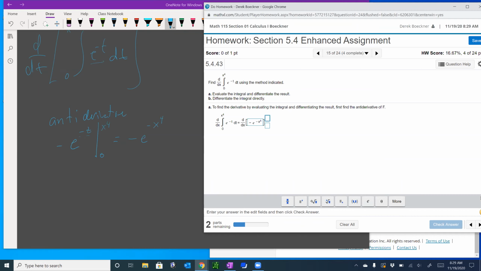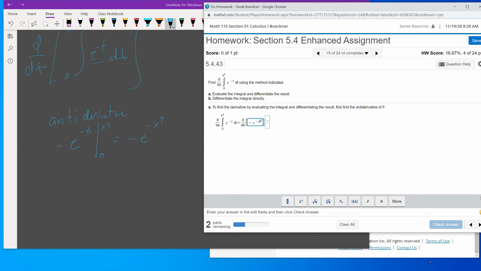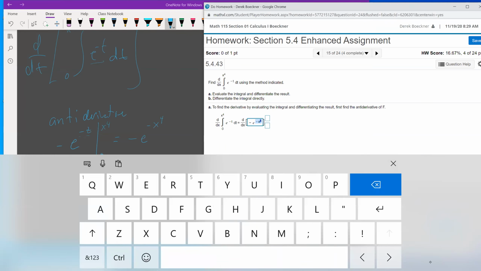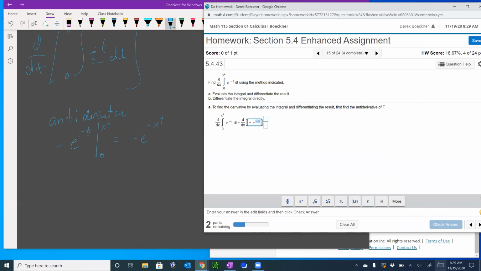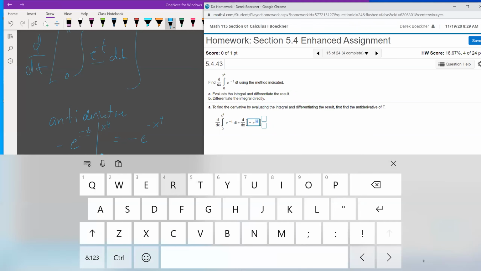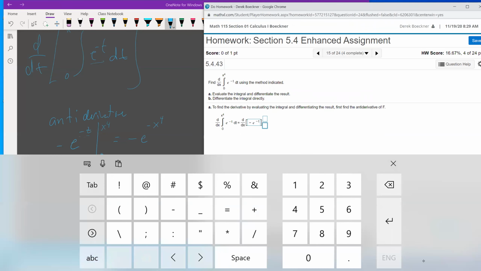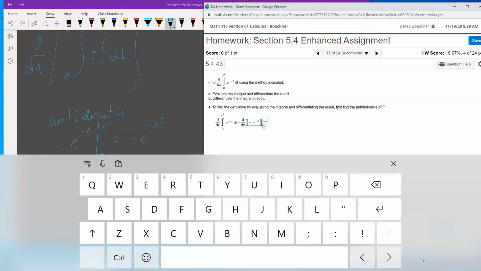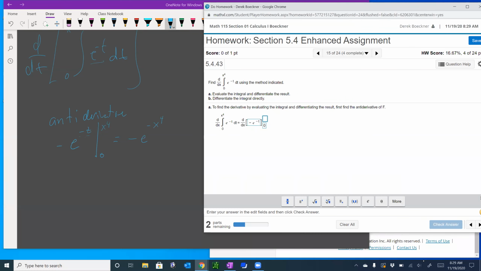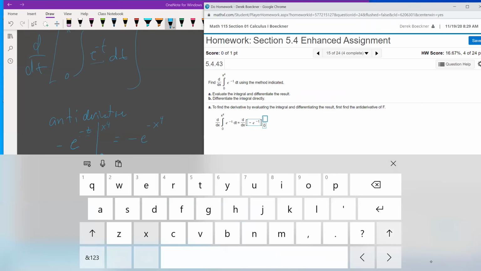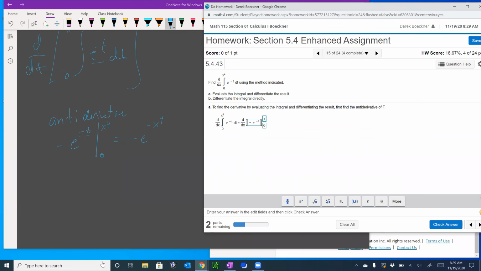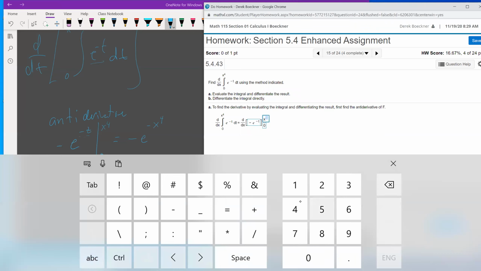Okay, it doesn't even want us to evaluate yet. I see what those things are supposed to be. We're just going to put the antiderivative in there. And then we're going to tell it that we're going to eventually evaluate the antiderivative at 0 and x to the 4th.